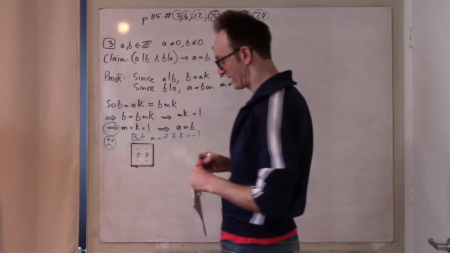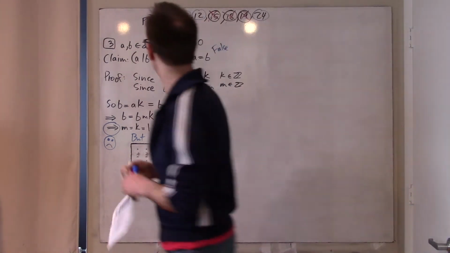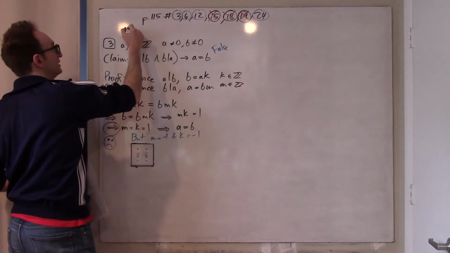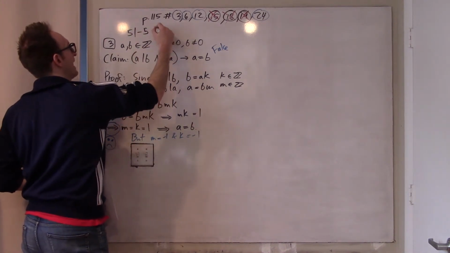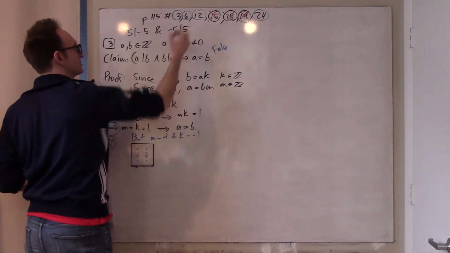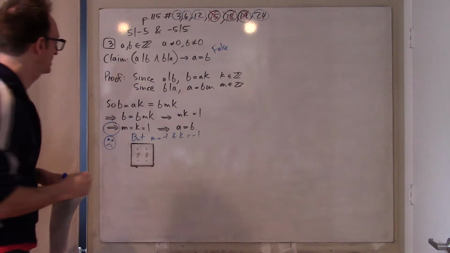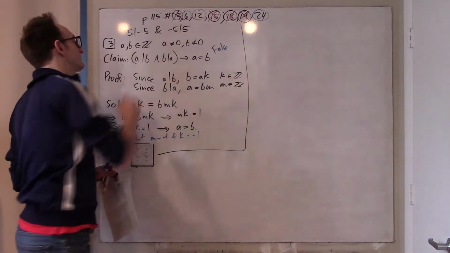Here's a counterexample, we could have led with this: this theorem is false because, for example, 5 divides -5, and -5 divides 5, but that does not make those numbers equal. Good, that was a nice little exercise.